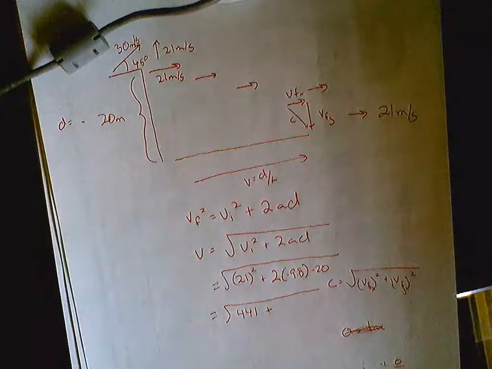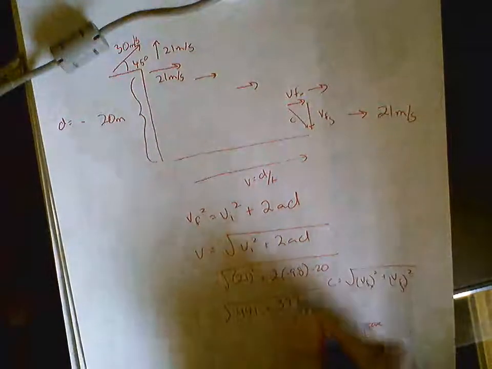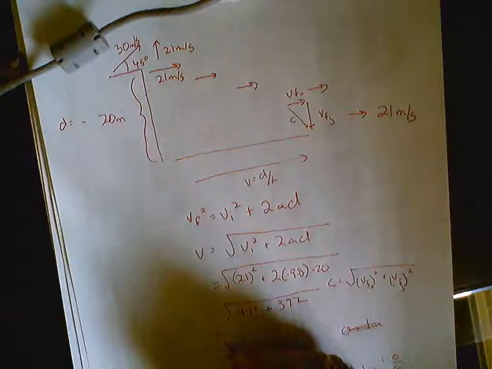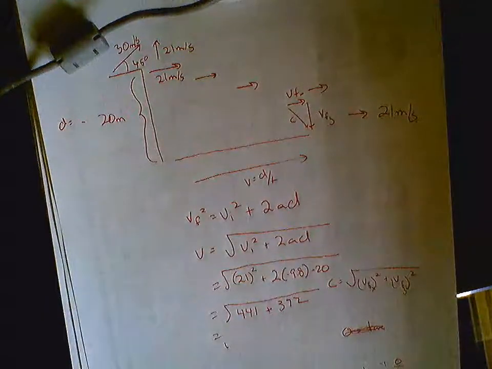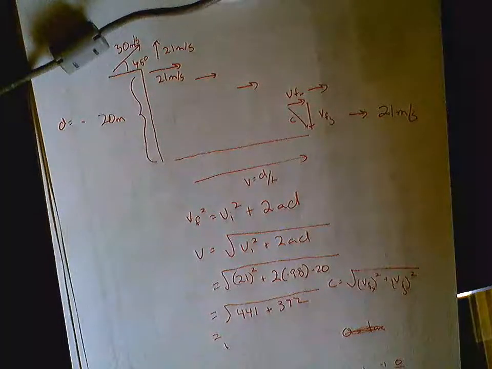Just a second while I'm doing the calculations. Folks, I'm going through the math part of this very quickly, so I'm hoping I'm not making too many errors, but you can check my work for me.